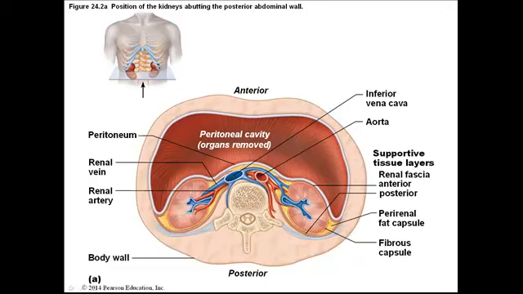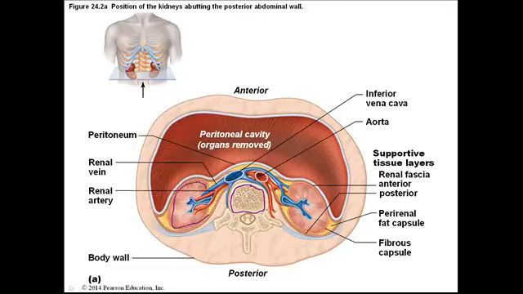So if we look at the peritoneal cavity, and we've removed all the organs, of course, here you see the inferior vena cava and the aorta. You see the intrusion of the vertebral body into the abdominal cavity, creating these two big valleys on either side, and the kidneys lie in these.